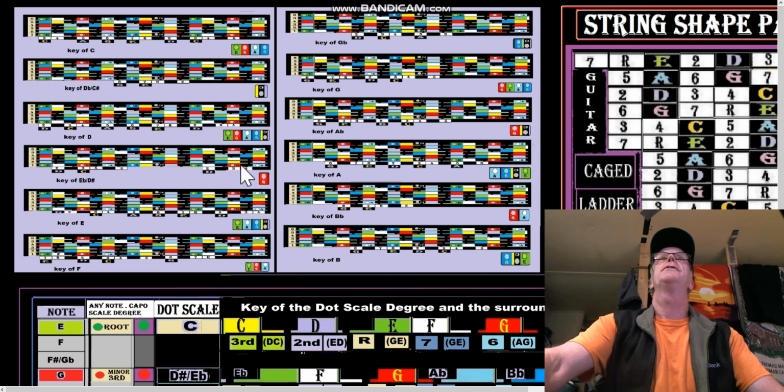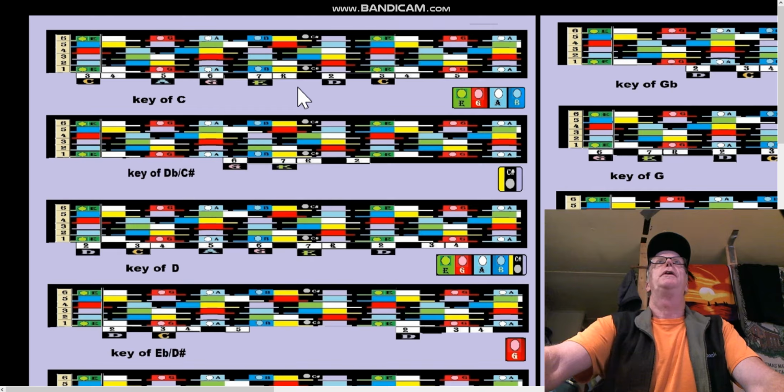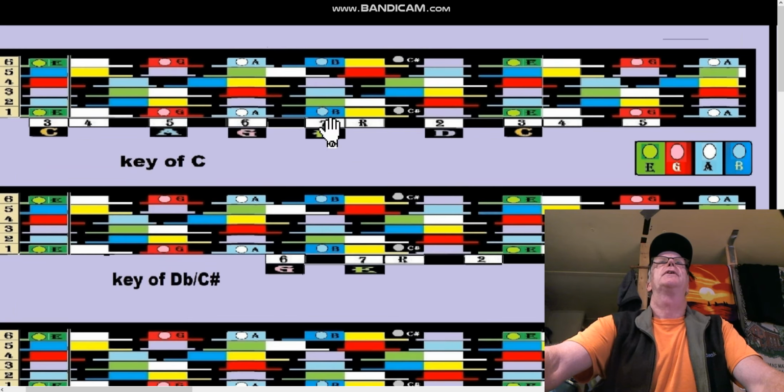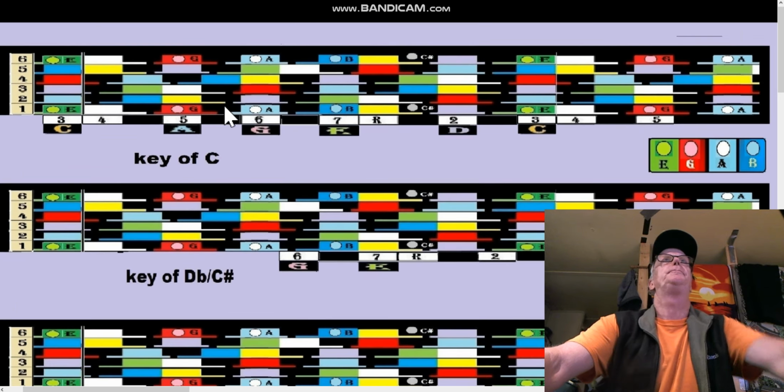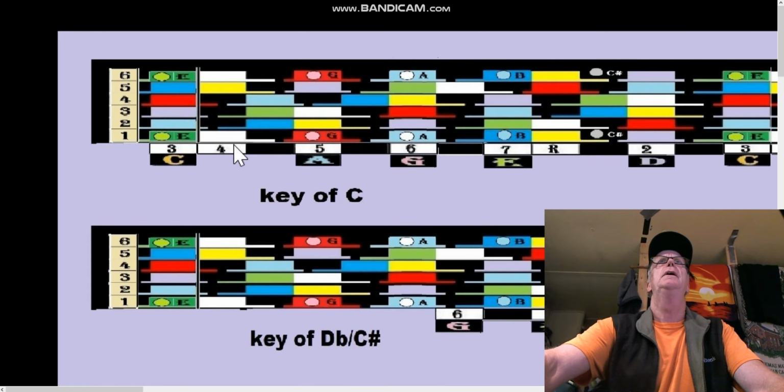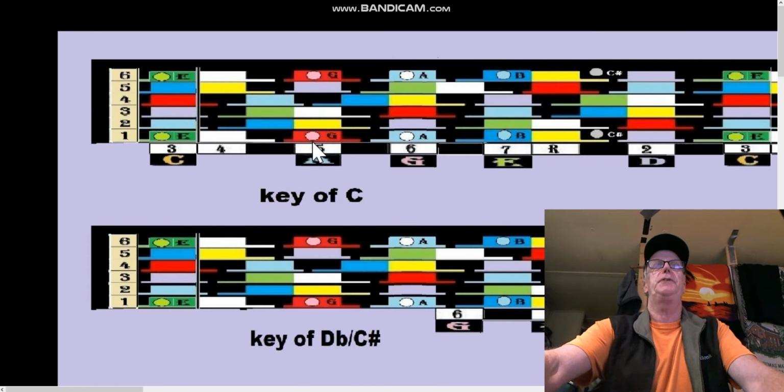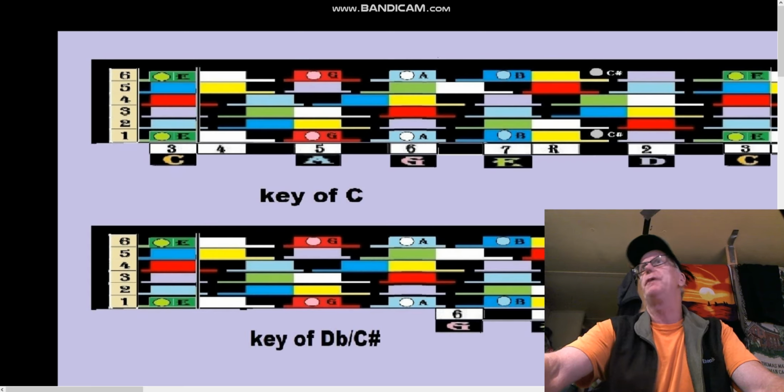Okay, so here's just raw key dots. So the key is C. The key is C here. We have a dot on the G, we have a dot on the A, a dot on the B, and a dot on the C sharp. Now you see these numbers down here? They're not part of the fretboard.